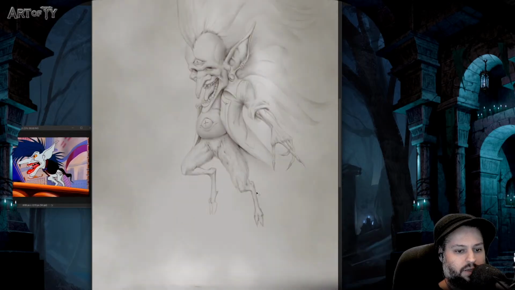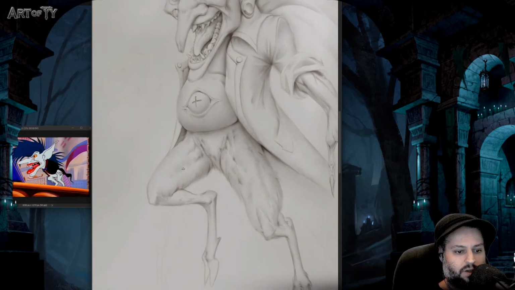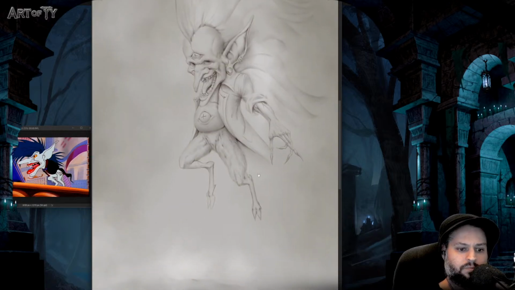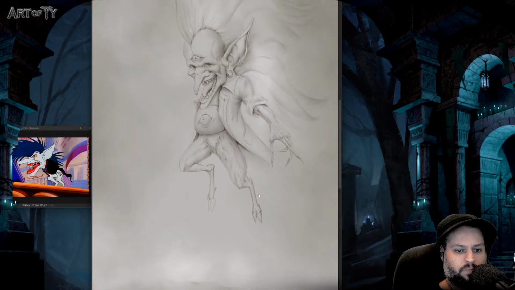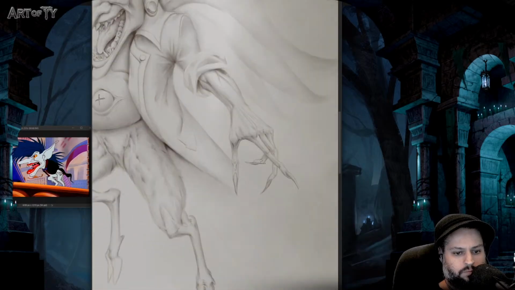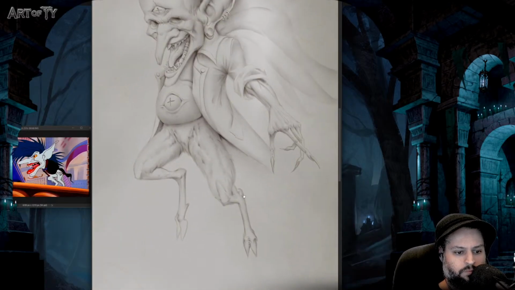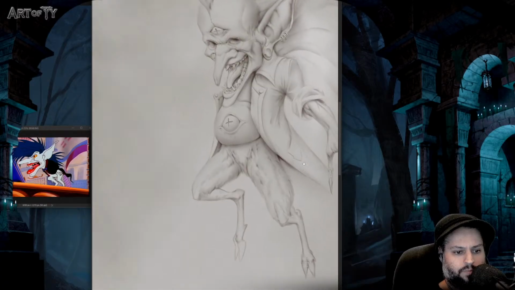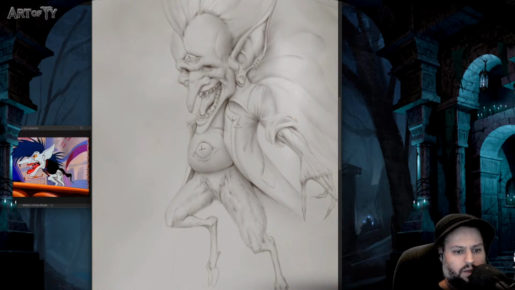I like some of these weird little fur patches that we've got going on here. I feel like that's working really well. I'm wandering a little here because I'm just checking things.